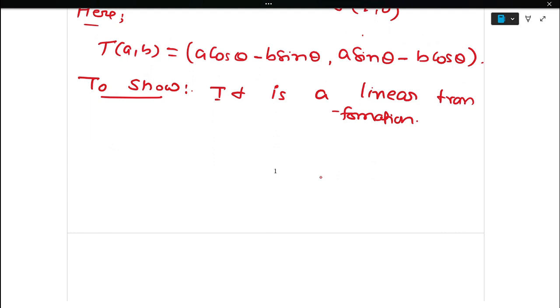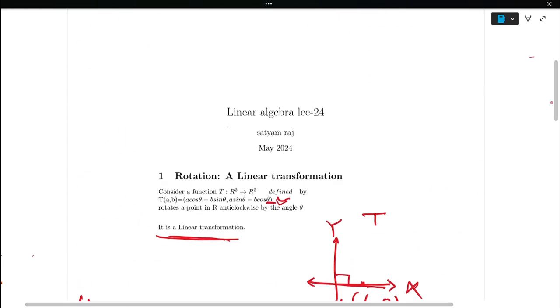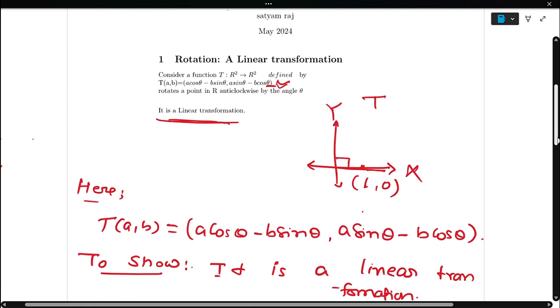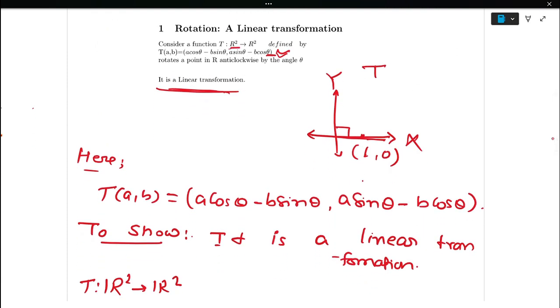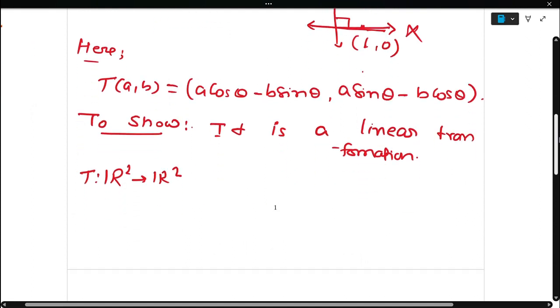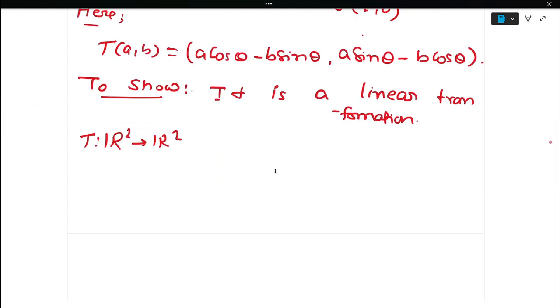First, since T is a function from R square to R square, we take two points in R square. Assume x1 is a point in R square, of the form (a1, b1), where a1 and b1 are real numbers.